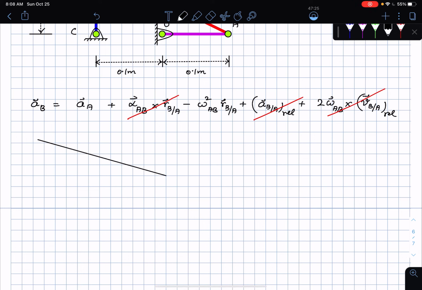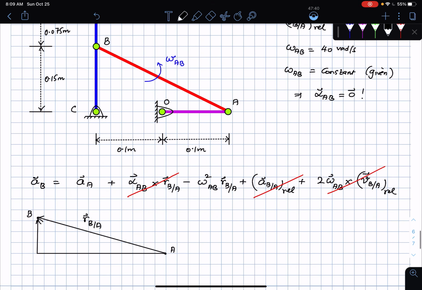If I look at it this way, this is the point B, this is the point A, this is the vector B/A, which means I travel to the left, and then I travel vertically up. I travel to the left by how much of a distance? If I go from A to B, that's going to be 0.1 meters plus 0.1 meters, so that's 0.2 meters. And then going from A to B vertically up is 0.15 meters.